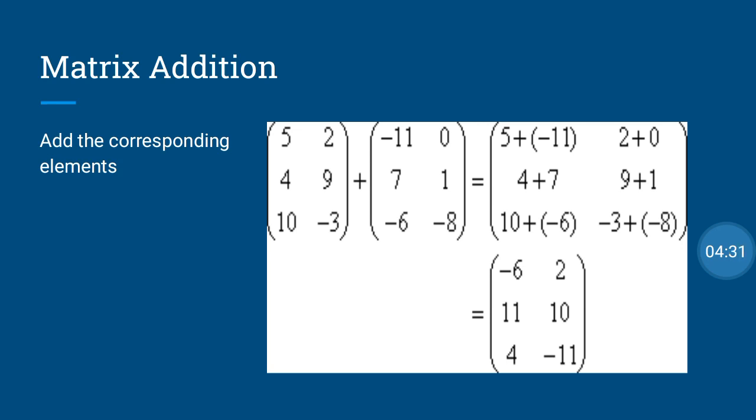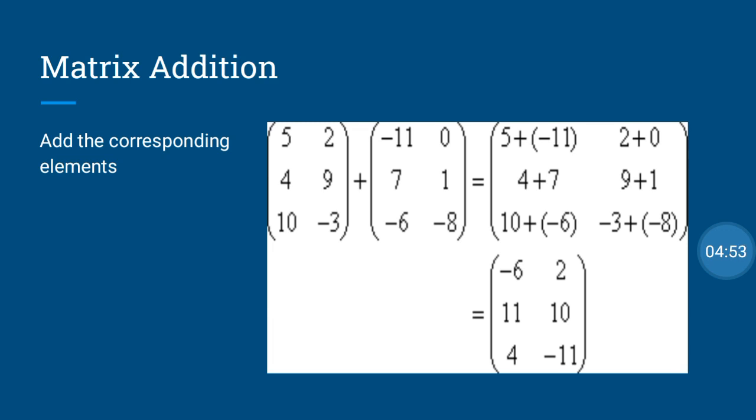Say for example, if we have 5, 2, 4, 9, 10, minus 3 plus minus 11, 0, 7, 1, minus 6, minus 8. Now I am supposed to add these two matrices. Add the corresponding elements. First row, first column is 5.